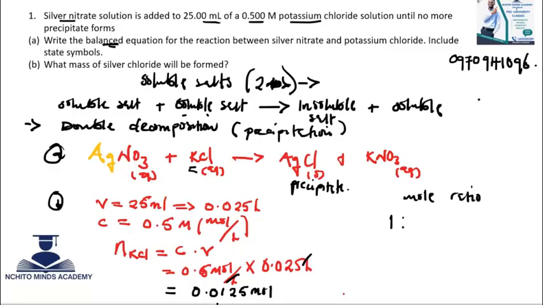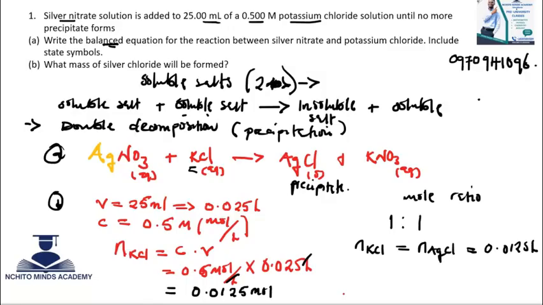For silver chloride, the coefficient is 1. If the mole ratio is 1 to 1, it means the moles of potassium chloride will be equal to the moles of silver chloride produced. The moles that we found was 0.0125. So we can easily convert that to mass.